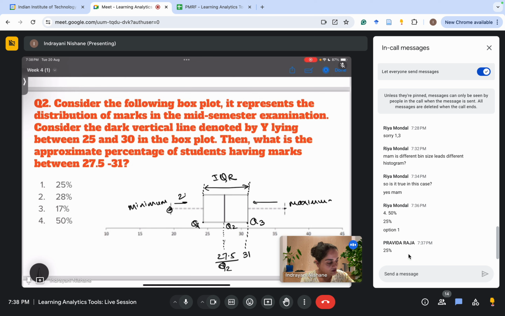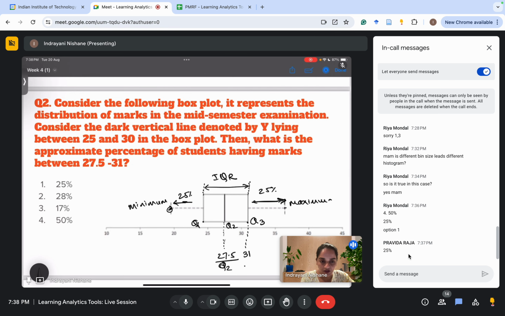So this is the bottom 25% of the sample. This is the top 25% of the sample, and within this box lies the middle 50% of the sample.